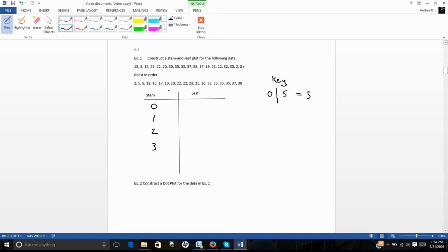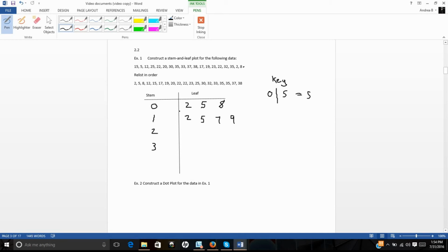So in this case, for the stem of 0, the leaves are a 2, a 5, and an 8. For the stem of 1, we'd have a 2 to represent 12, a 5 to represent 15, 7 to represent 17, and 9 to represent 19.